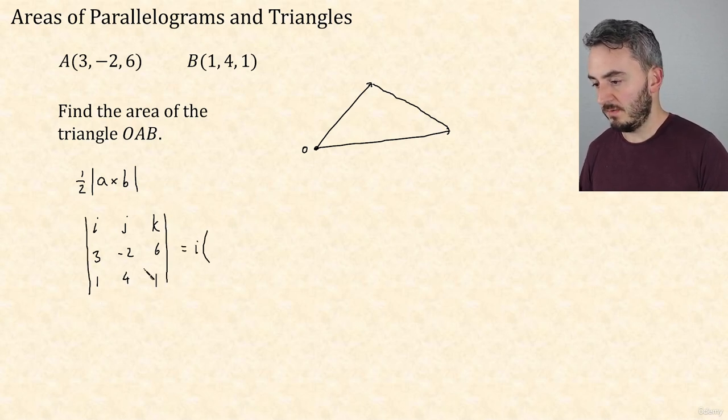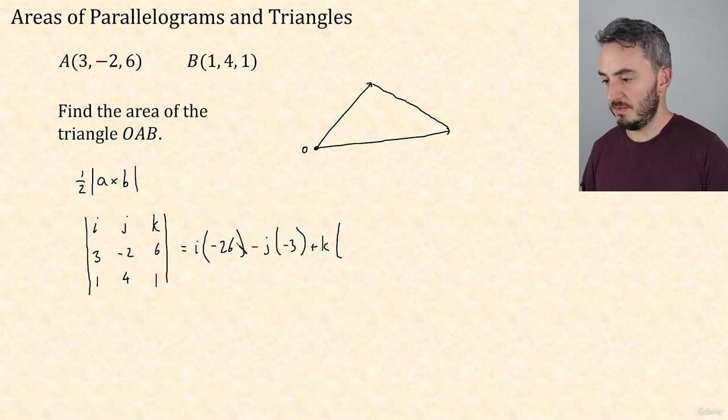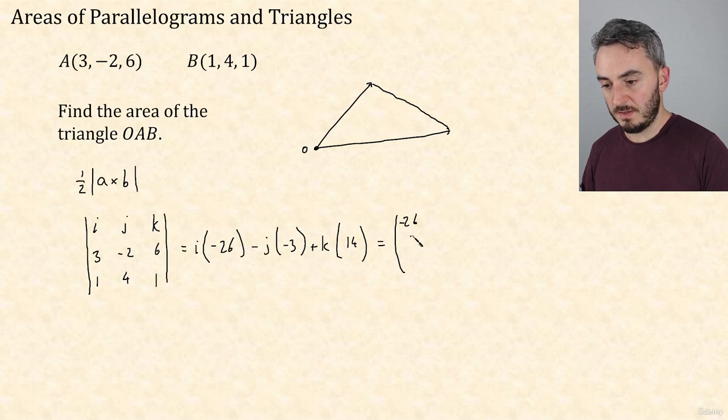So that's i times minus 2 minus 24, so that's minus 26, minus j times 3 minus 6 is minus 3, plus k times 12 minus 2 is 14. So that is minus 26, 3, 14.